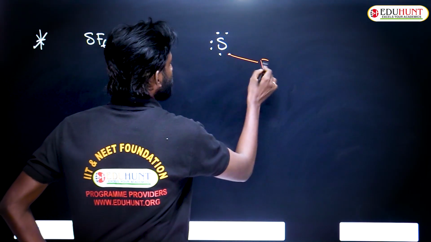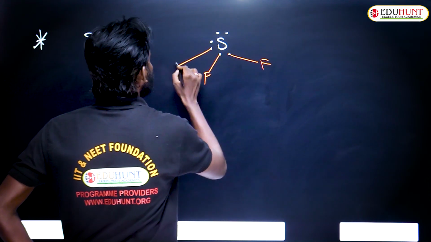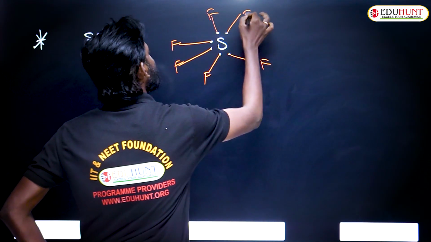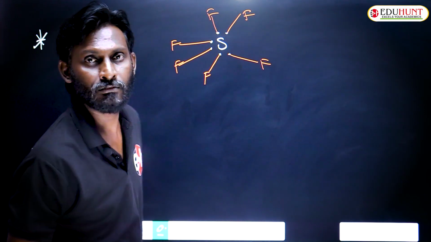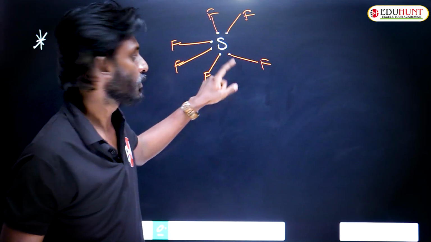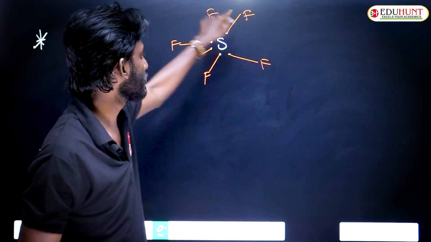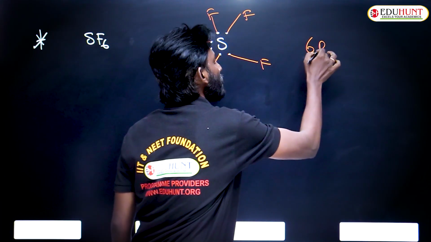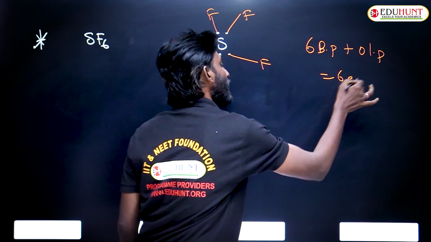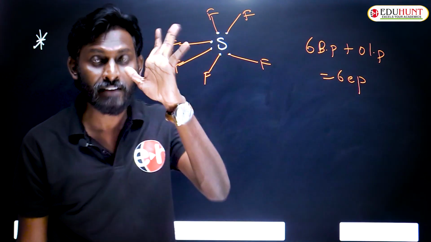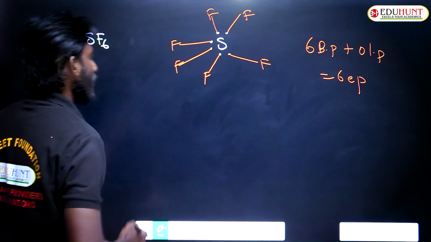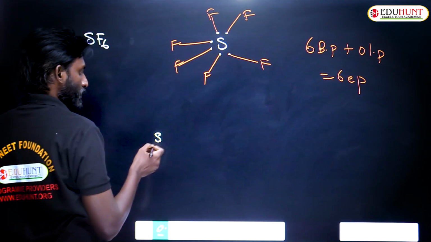You made the connections. Now think about the total electron pairs: 6 bond pairs, 0 lone pairs. That means 6 electron pairs. Whenever there are 6 electron pairs, the geometry is going to be octahedral. Sulfur is the central atom.